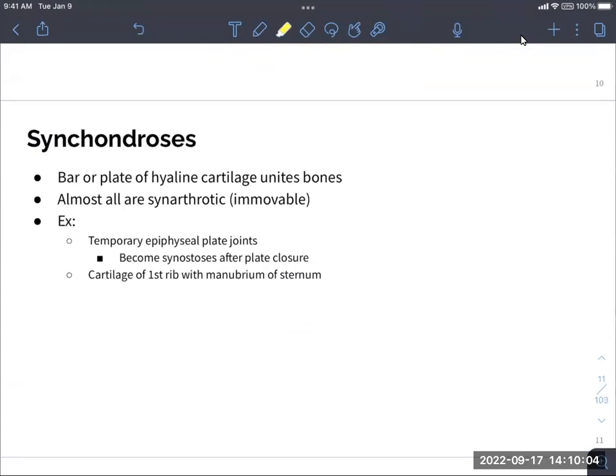Their hyaline cartilage kind of unites bones. So most synarthrotic joints or synchondrosis, they're not movable. So the cartilage between the ribs and the sternum, those are synchondrosis joints.